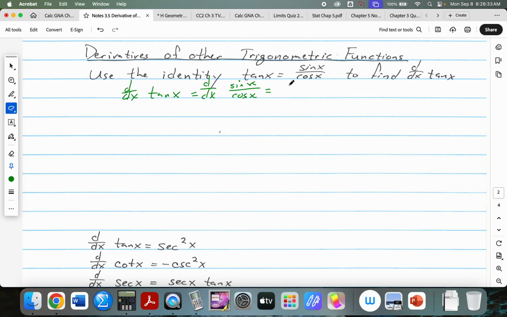So using the quotient rule, we'll have the denominator, cosine of x, times the derivative of the numerator, also cosine of x, minus the numerator, sine of x, times the derivative of the denominator, which is negative sine of x, over cosine of x quantity squared.